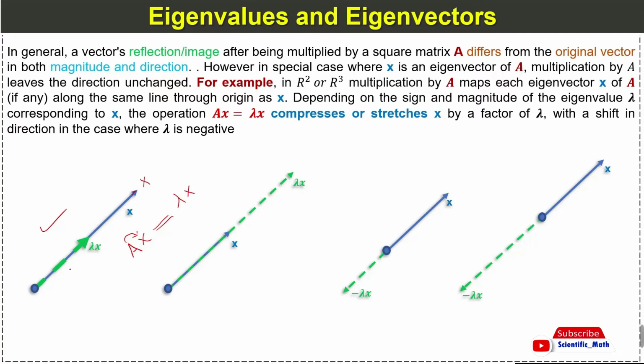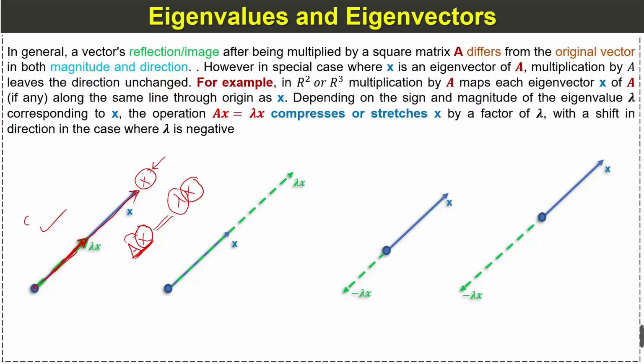In this case we can see that the vector is compressed. The vector from the origin, after multiplication of x by the matrix A, is compressed by a factor of lambda, so its magnitude is less than the original vector.